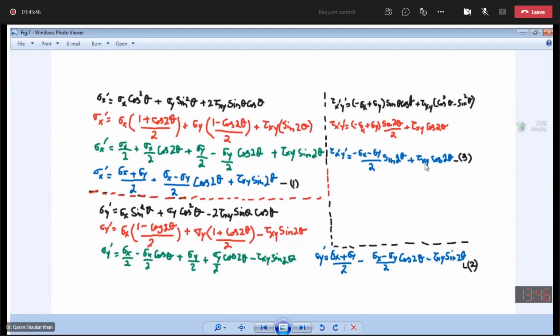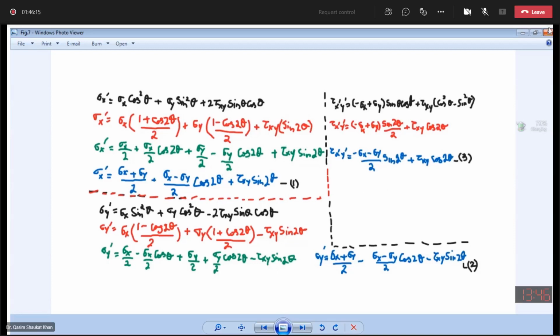So this will give me my expressions to calculate the transformed normal and shear stresses. The point to be noted here is that these relationships are a function of the normal stress state and theta. So if I just know theta, I can calculate the transformed normal and shear stresses.